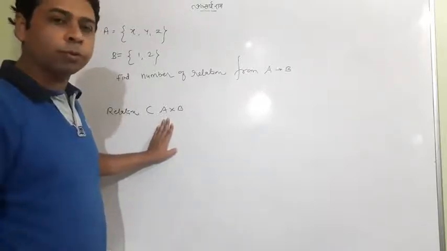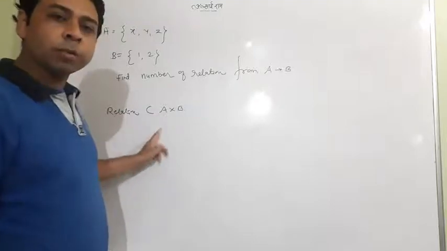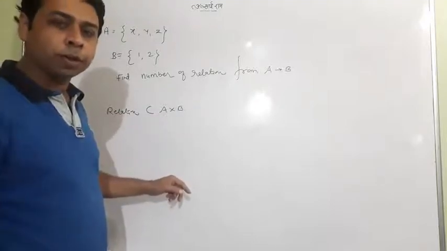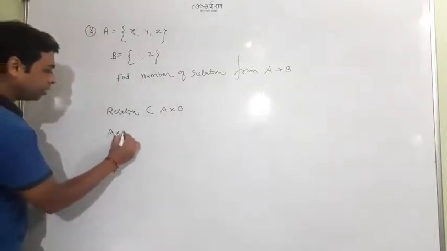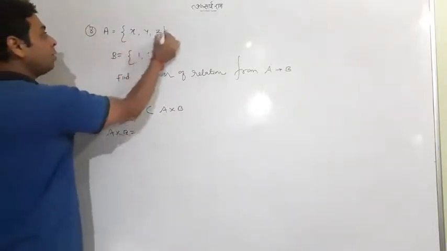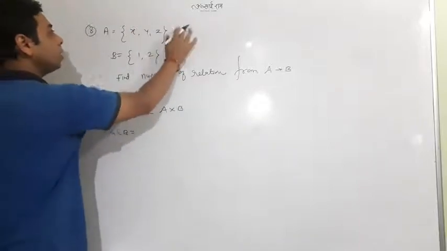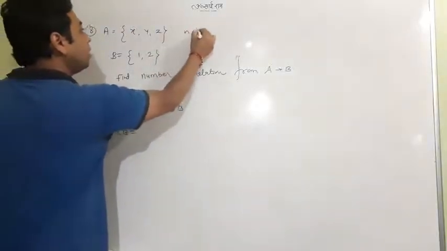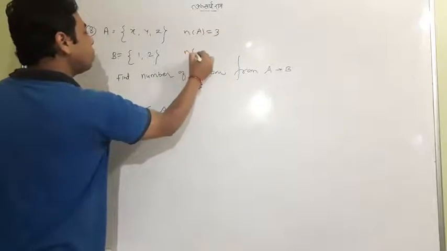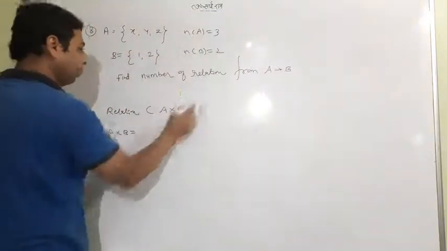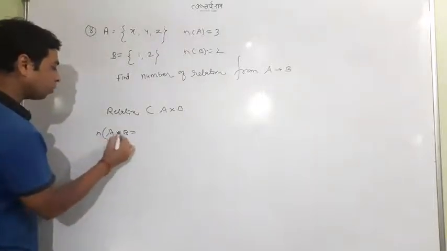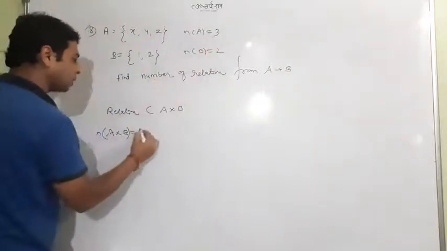So you know n of A is equal to 3, n of B is equal to 2. A has 3 elements, B has 2 elements. So n of A cross B is 3 twos, 6 elements.